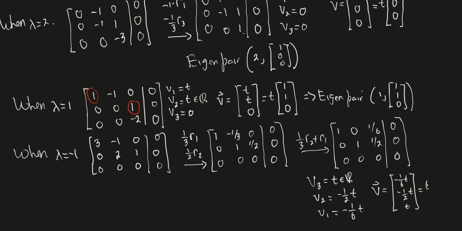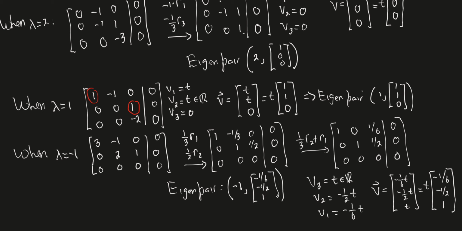And if I factor out my t, then I'm left with what they call a basis vector for all the eigenvectors. So it's -1/6, -1/2, and then a 1. So the eigenpair in this third and final case, for this constant of -1, the vector is -1/6, -1/2, and 1.